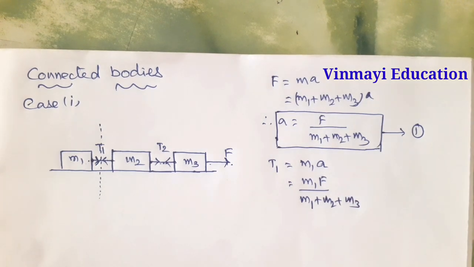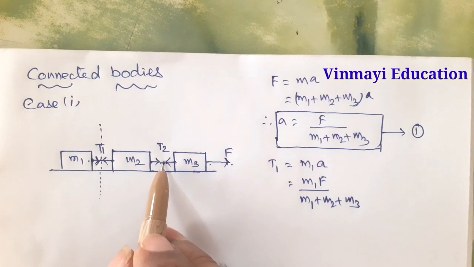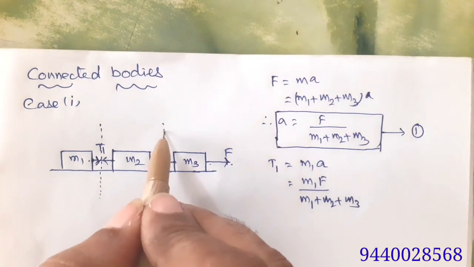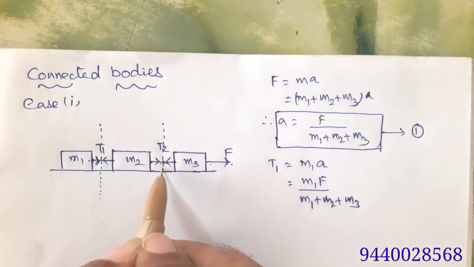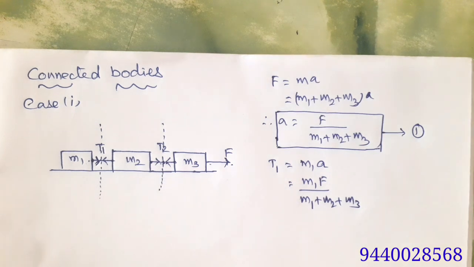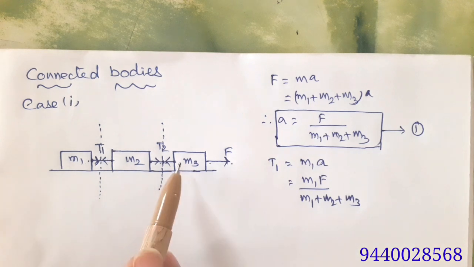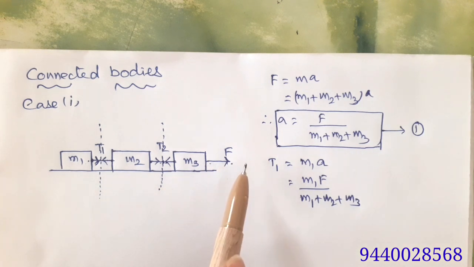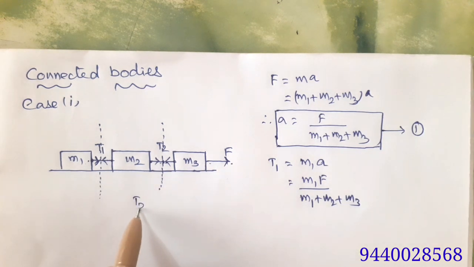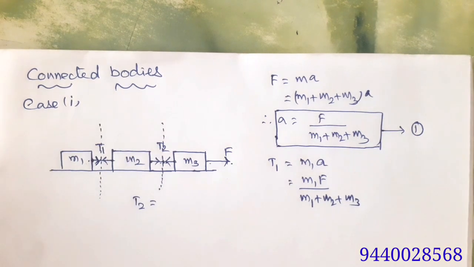And similarly, what about the tension T2? For this again, you just imagine a line here which is perpendicular. Now on this side you have the two masses and one force is on this side. Therefore tension is equal to, on the left side there are the two masses, therefore m1 plus m2, and acceleration is a.